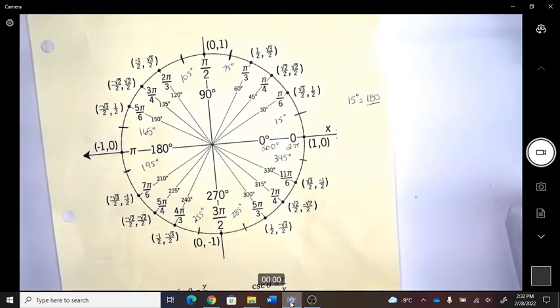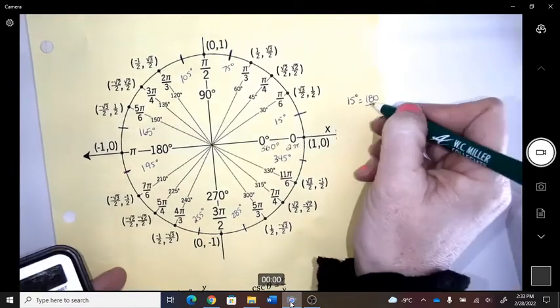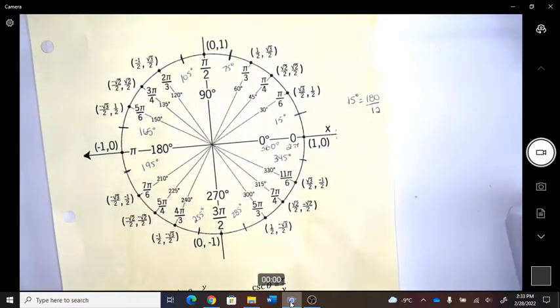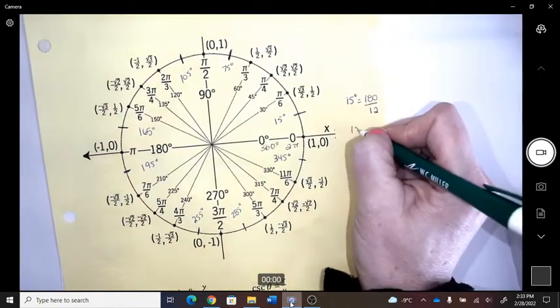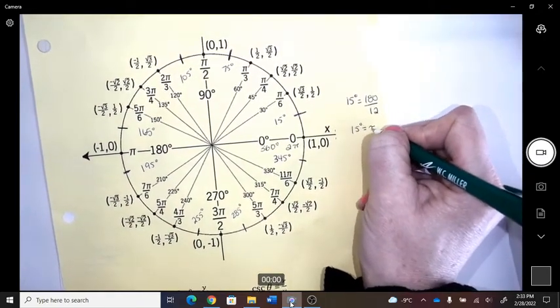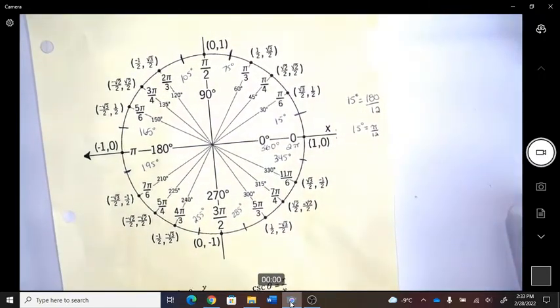I'm just saying in a number sense. 180 divided by how many? 12. If I take 180 degrees and I divide it by 12, that's how I can get 15 degrees. So 15 degrees is going to equal pi over 12 as a radian.